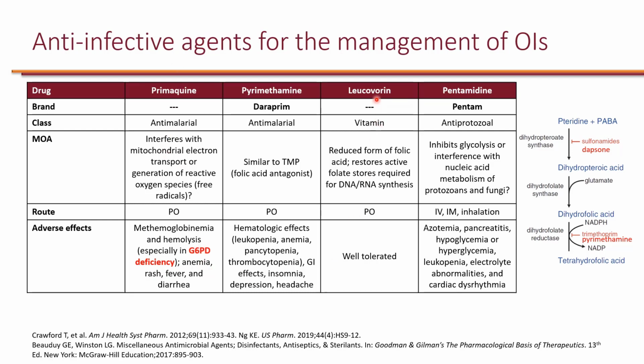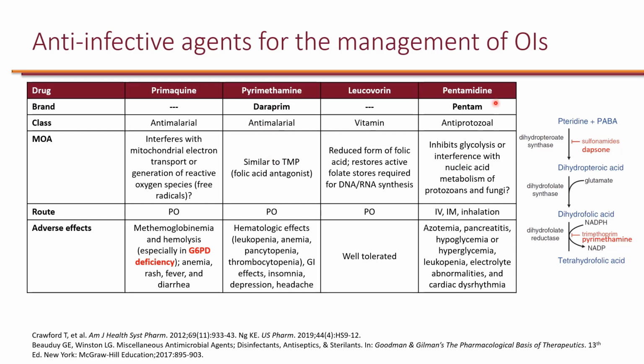And then leucovorin is basically a folic acid vitamin, which is used in combination with pyrimethamine in order to avoid the adverse effects, specifically hematologic adverse effects, of this drug. So leucovorin technically is not an antibiotic. It doesn't do anything to opportunistic infections. It has to be given with pyrimethamine to basically avoid the severe adverse effects of that drug.